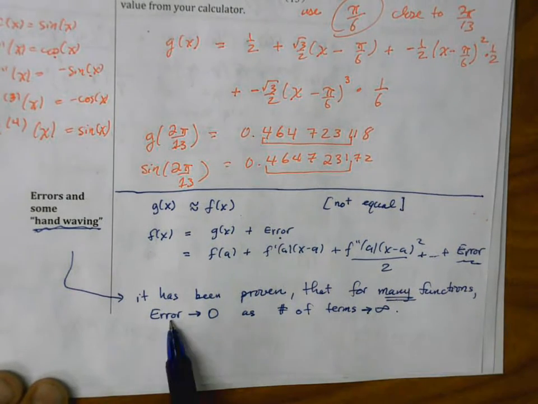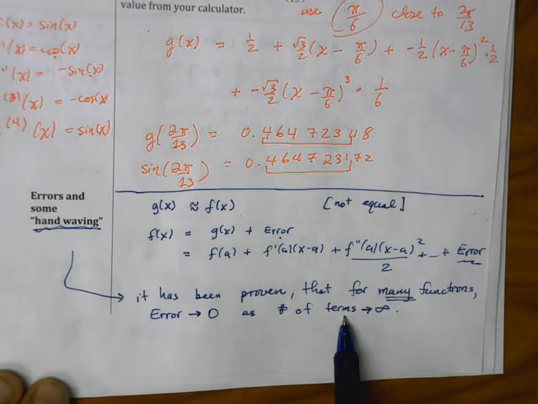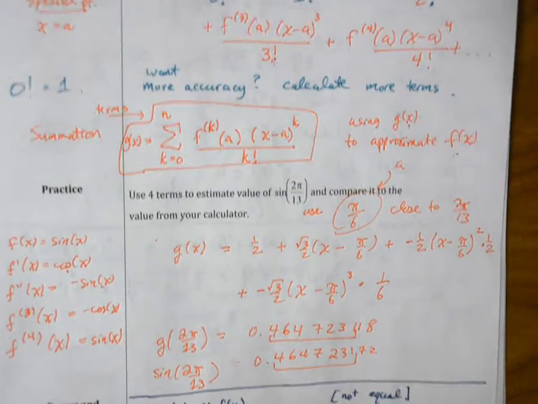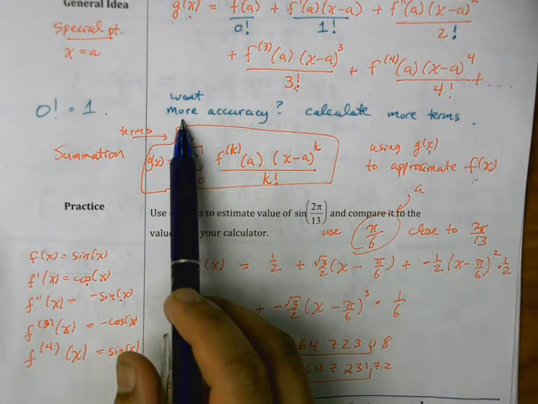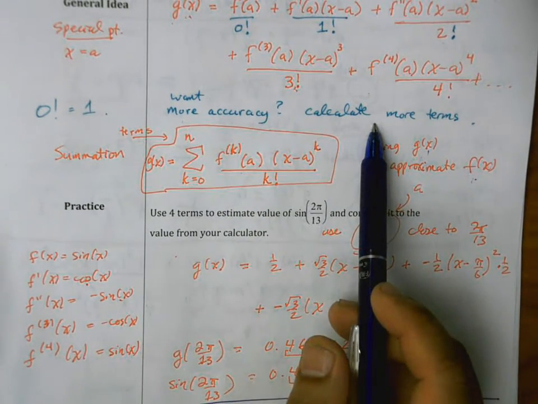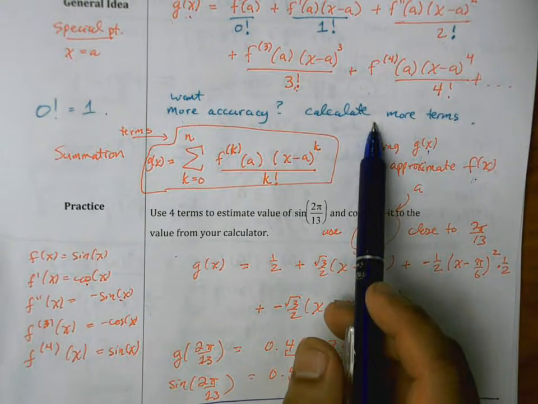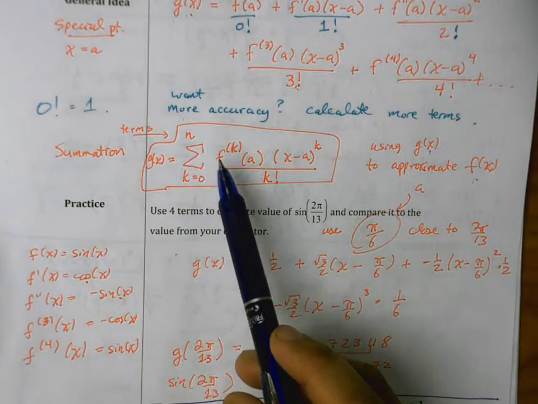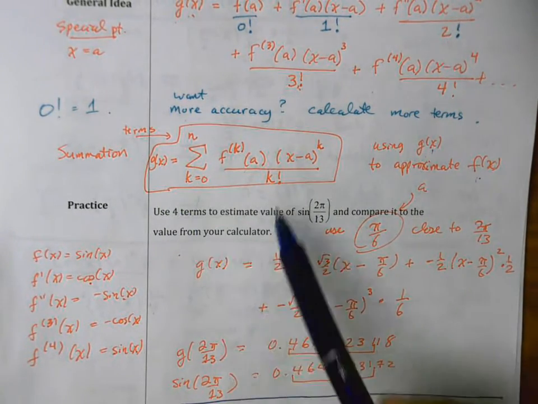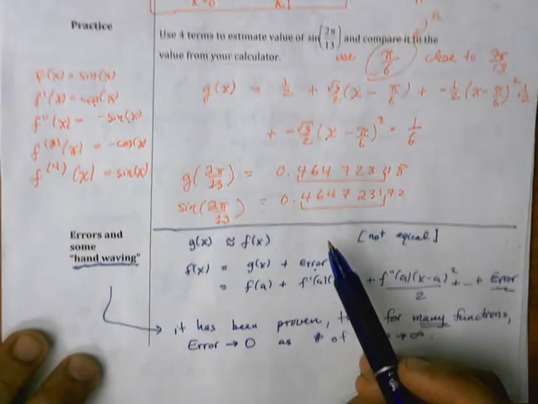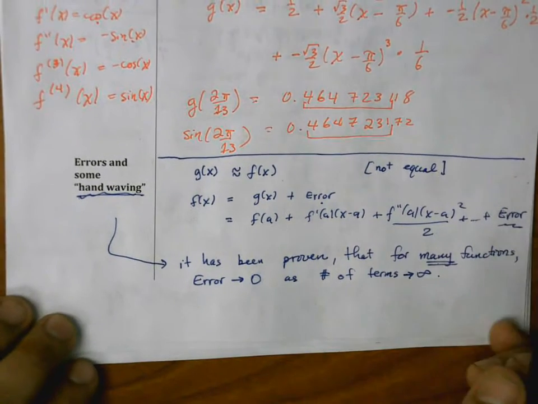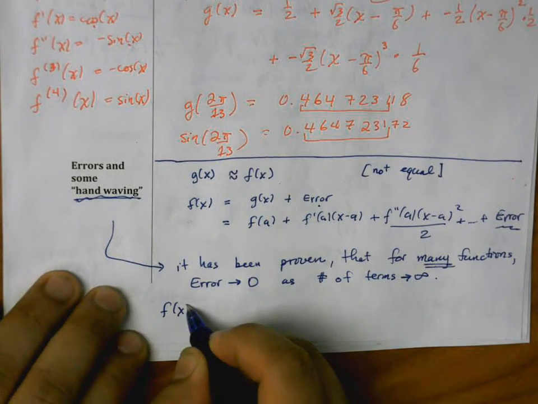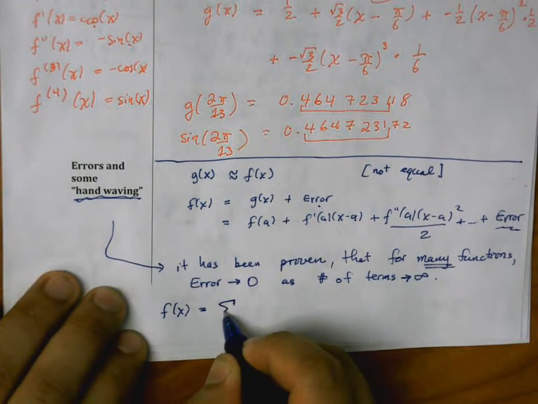But for many functions, as the number of terms approaches infinity, the error approaches 0. Remember when we said you want more accuracy, you calculate more terms. Well, it turns out for many functions, if you calculate an infinite number of terms, then f of x would in fact be exactly equal to g of x.